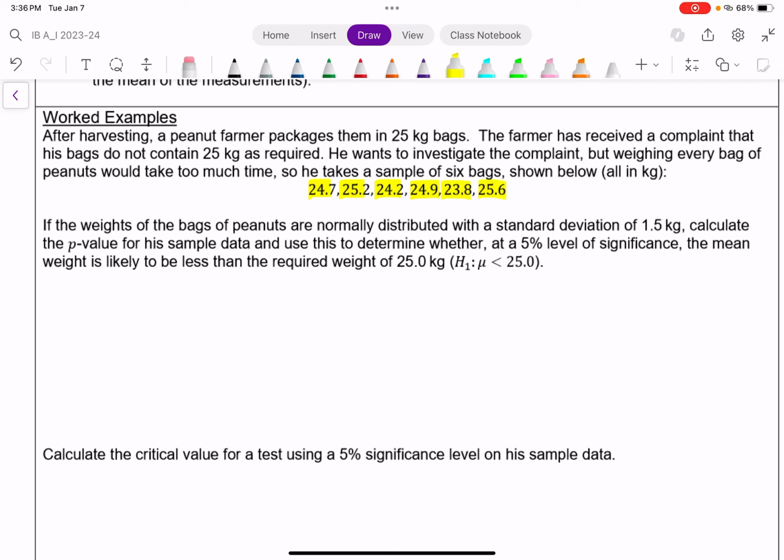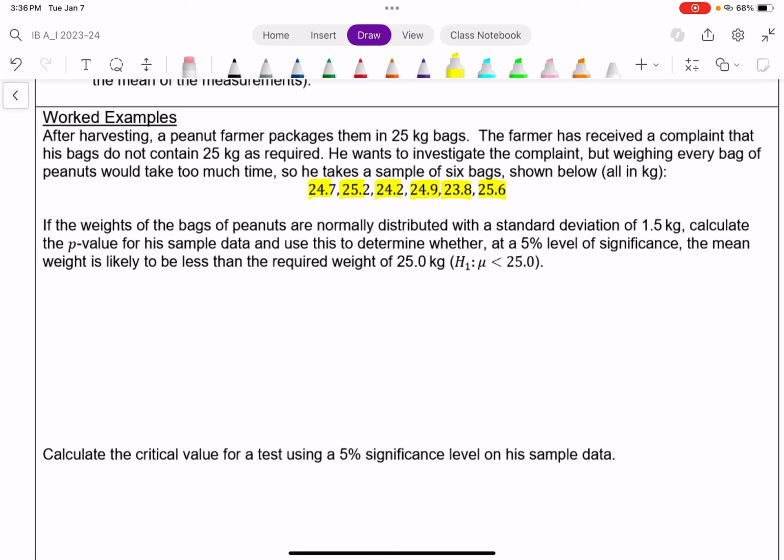From this, we want to determine some conclusions about the population, in this case all the bags of peanuts, and determine: does this complaint seem fair, that the mass of these bags is actually less than 25 kilograms? Or is this just a reflection of the sample we've taken? Keep in mind, the smaller the sample, the more variety there is, and the more it may vary from the actual population.